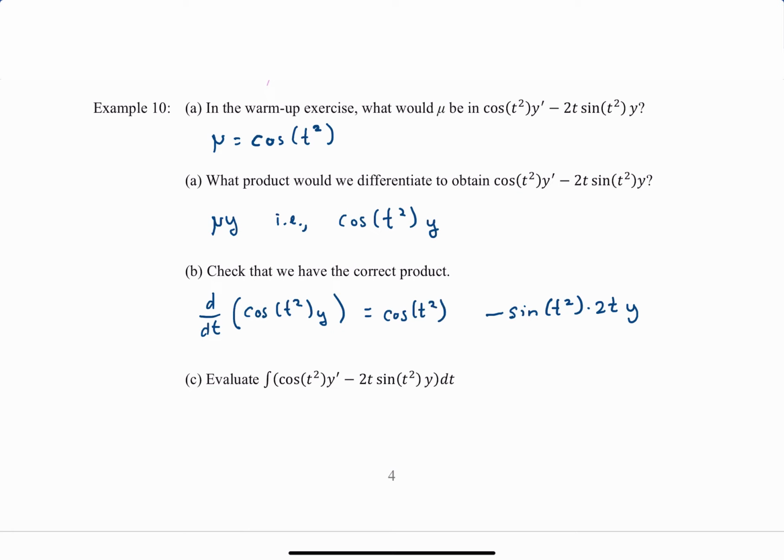I'll put that in the first spot. So in the first spot, we're keeping the cosine of t squared, and differentiating the y. So we get cosine of t squared y prime minus 2t sine of t squared y.